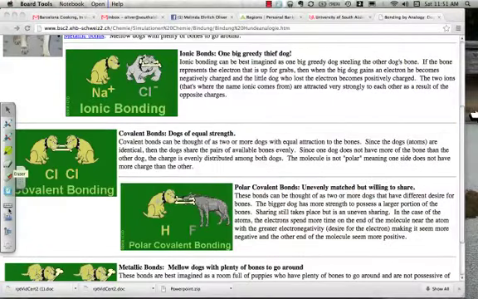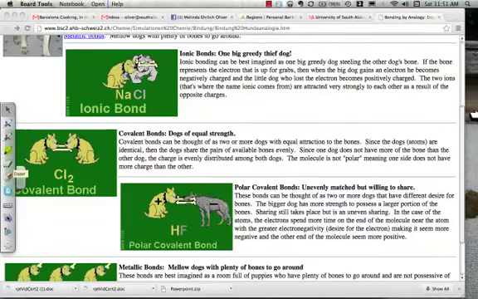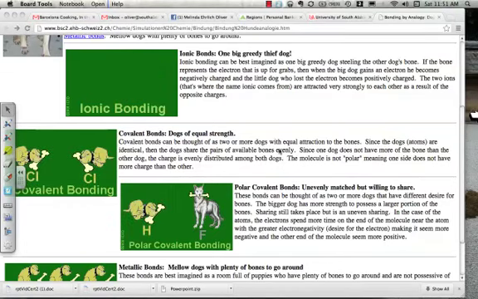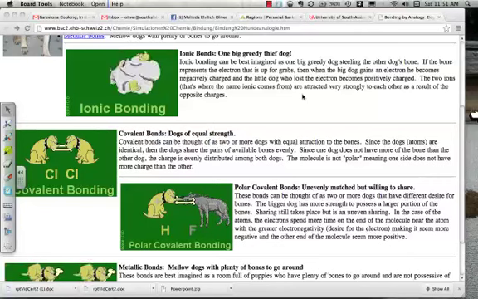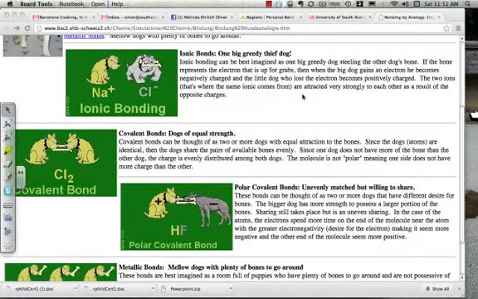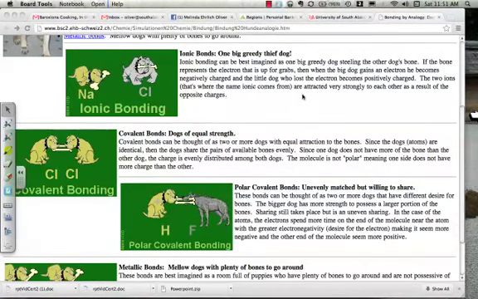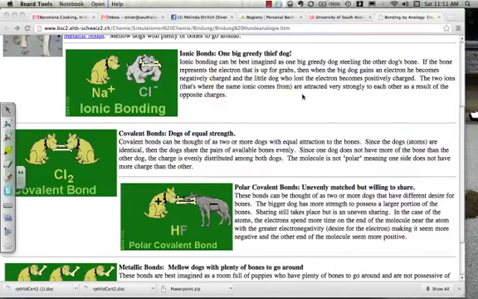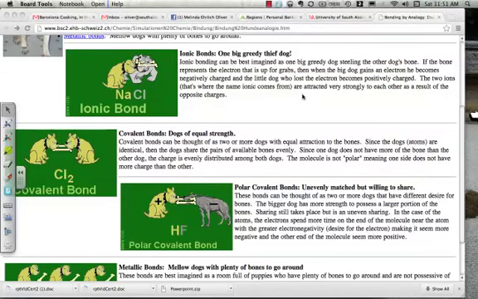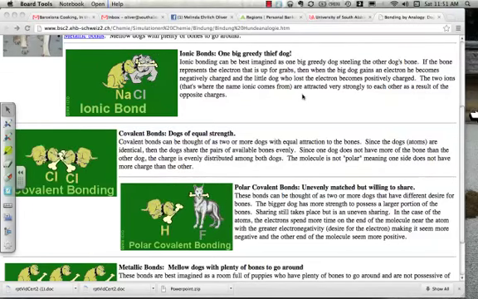Not able to take a screenshot while I'm on the internet, so we'll just talk about it here. All right, so sodium and chlorine, electronegativity charts in front of you. Chlorine has a 3.0 and sodium has a 0.9 electronegativity. We are going to take the difference between these, which would be 2.1.